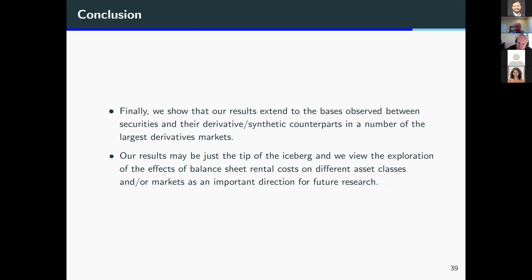Yeah, the second comment is related to the earlier question about long and short. From the intuition you described, I would have thought that when the intermediaries are having a long position or a short position, the implications would be the opposite in terms of the implied repo rate. Based on the evidence we have seen in the literature, like the demand-based option pricing paper, let's say Garleanu, Pedersen, Poteshman, they find that when the intermediaries are holding long positions, the prices tend to be lower.